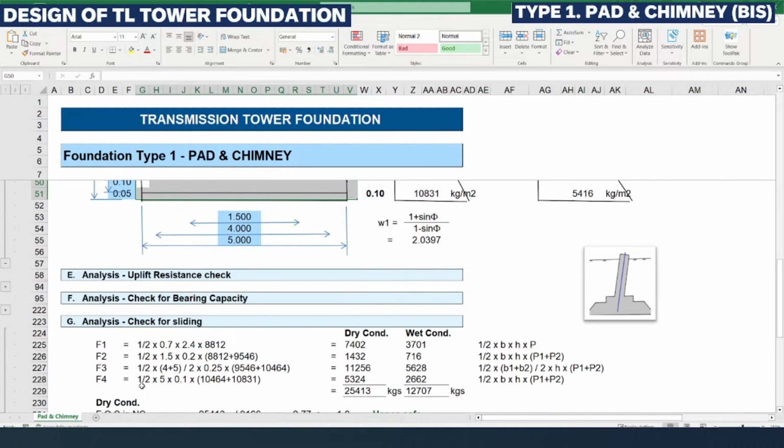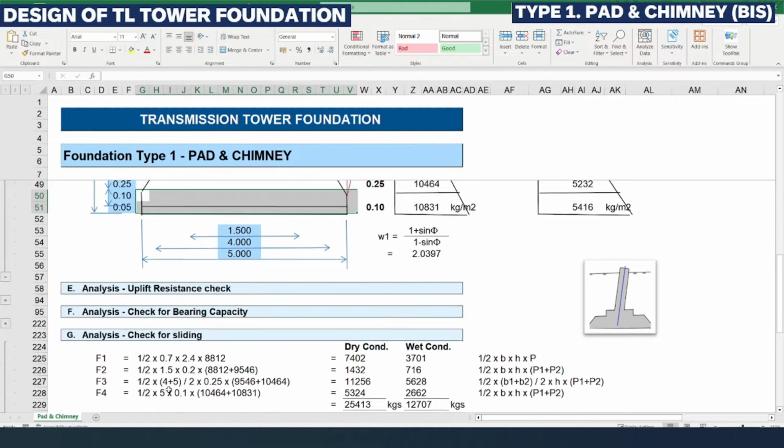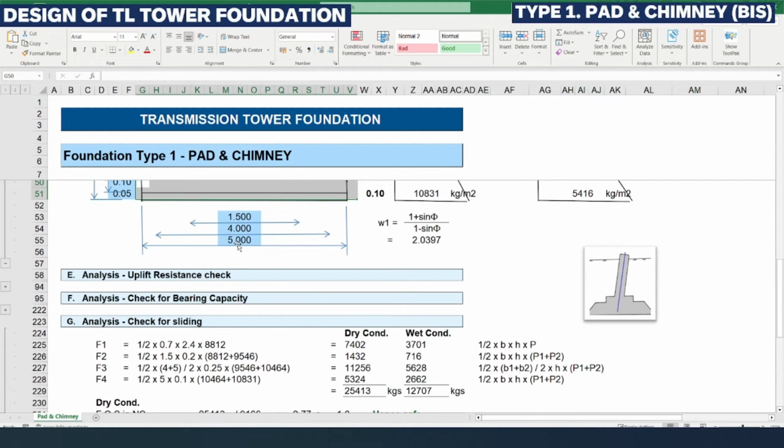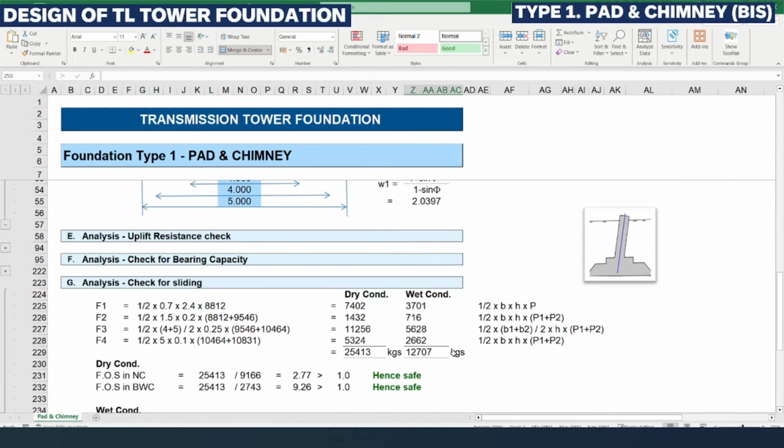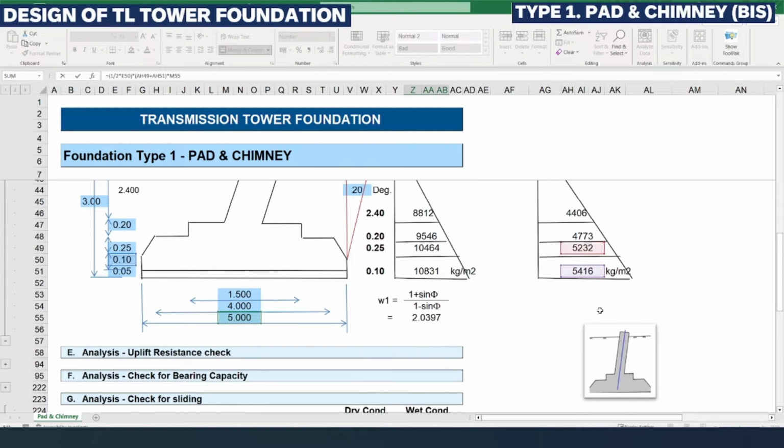So this is half into 5 meter, which is the total span, and 0.1 meter is the depth, and average of these two we need to consider as it is a trapezoidal. 5324 is the high density passive earth pressure, and 262 is the wet passive earth pressure.